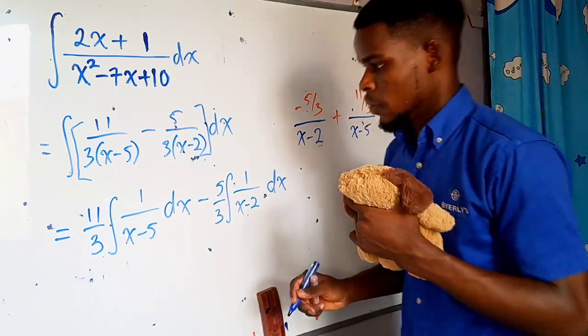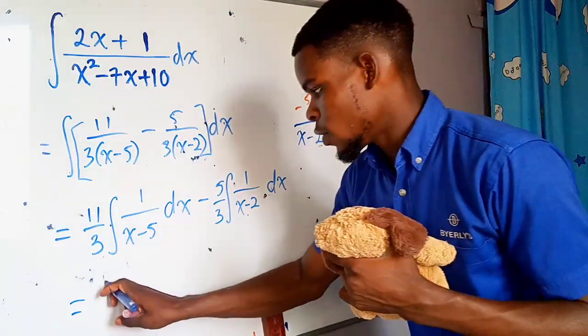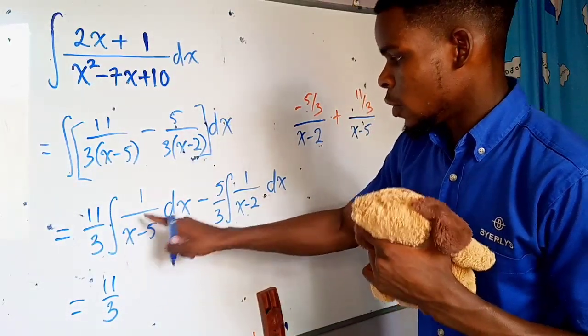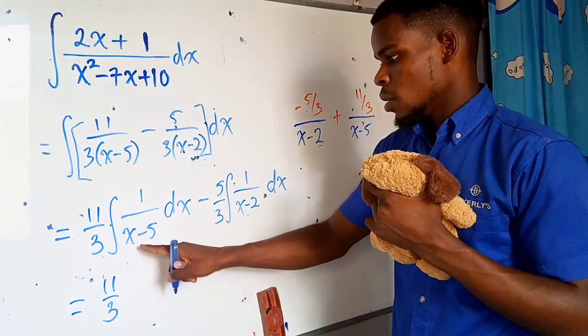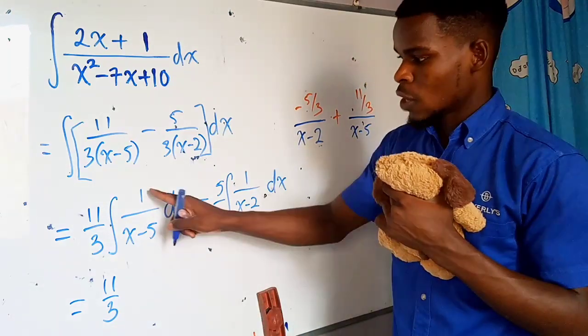Alright, great. Now let's see what we've got. This is going to be 11/3. Now the integral of 1/(x − 5): if we take the derivative of x − 5, it gives us 1.